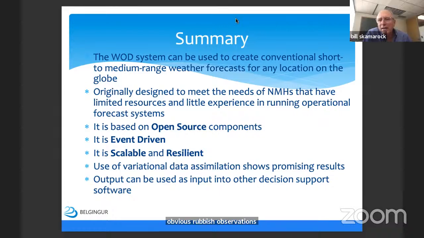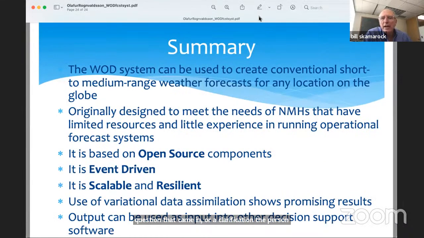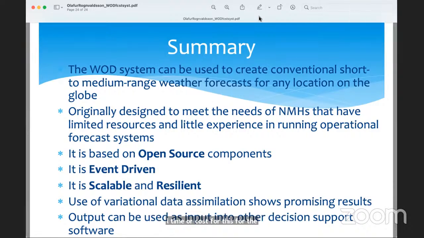Okay, and there's a clarification to the question that came in. The person posing the question actually meant, what's the computational time or cost for the DA compared to the forecast? The 3D VAR is very limited. It's, I would say, maybe 3 or 4 minutes for this 2 kilometer domain, which is 350 by 250 points, around that order.